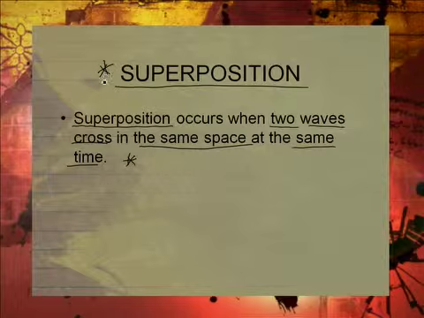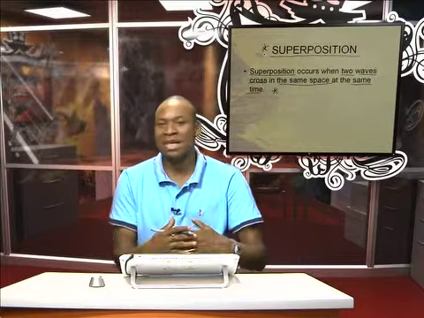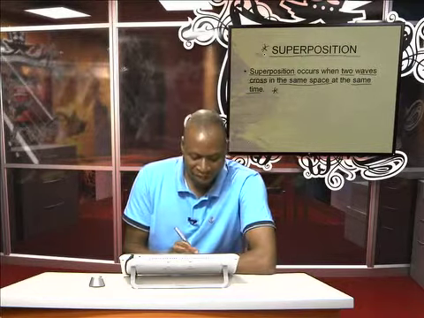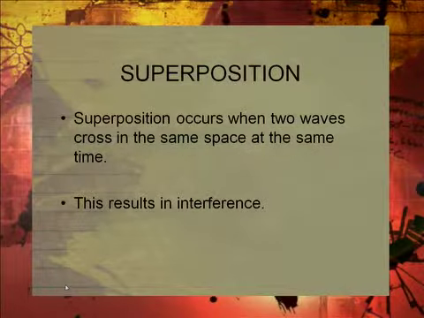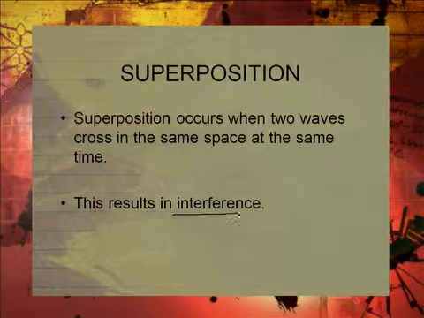So these waves superimpose on each other. If you've got pulses that are coming together, they are going to superimpose on each other. Let's look at the result of that. When that superposition occurs, the result will be what we call interference. In other words, these waves will be interfering with each other.